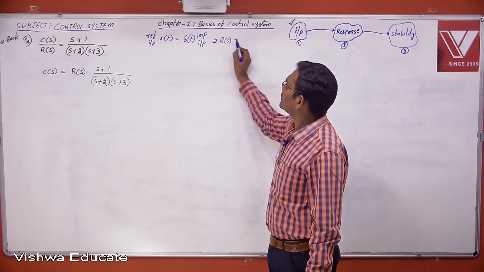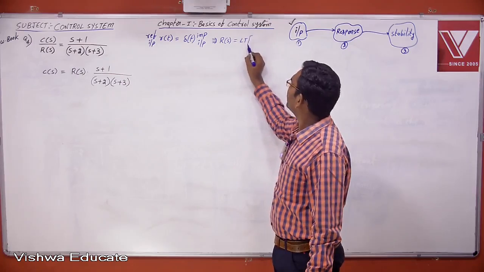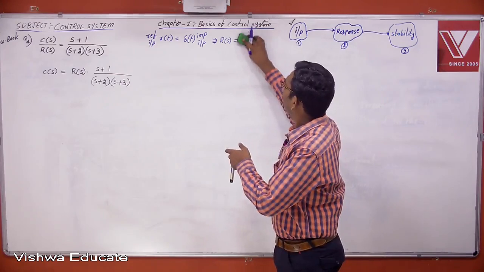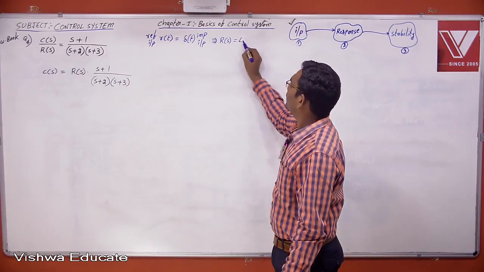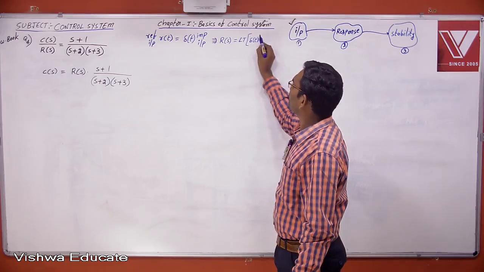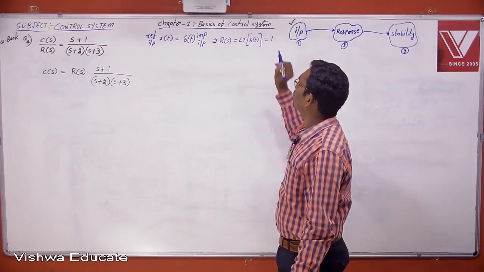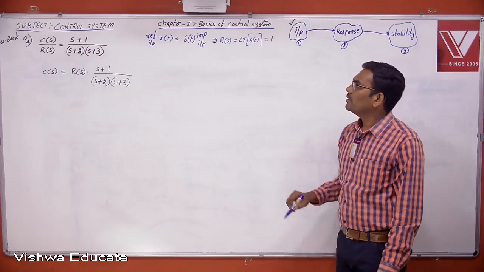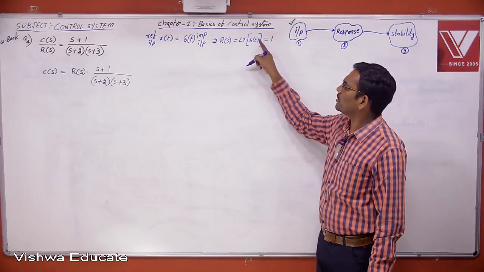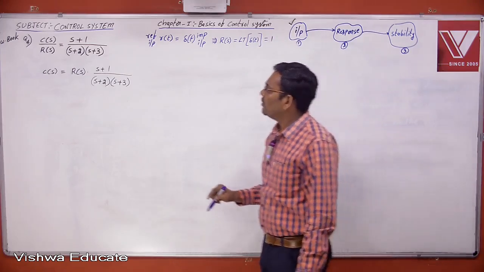R of s is equal to the Laplace transformation of R of t, which is the Laplace transformation of delta of t, which is equal to 1. So this is the reference input, impulse input, R of s equal to 1.